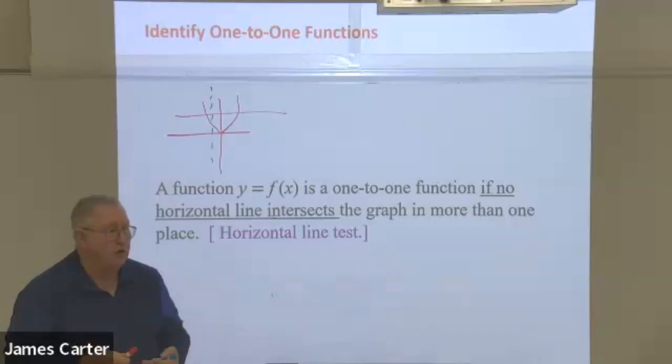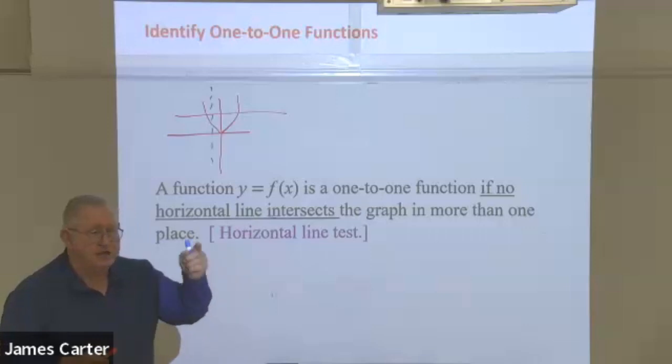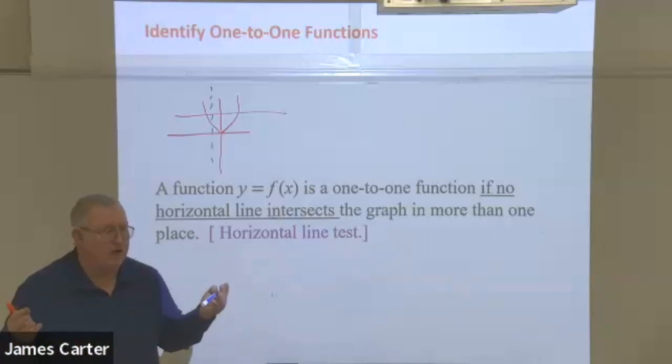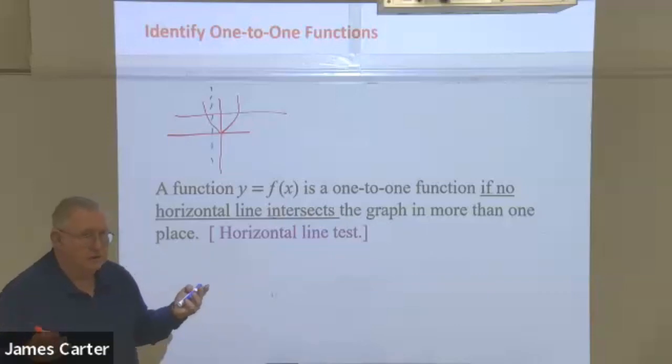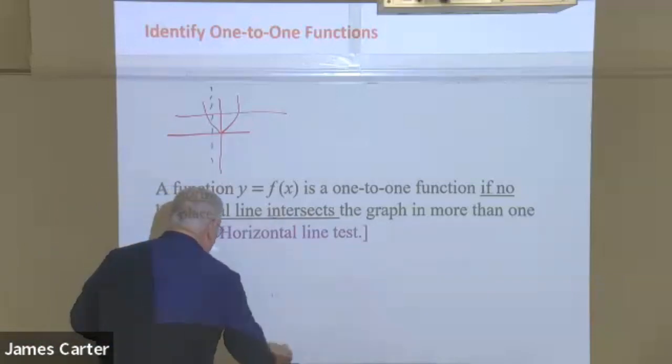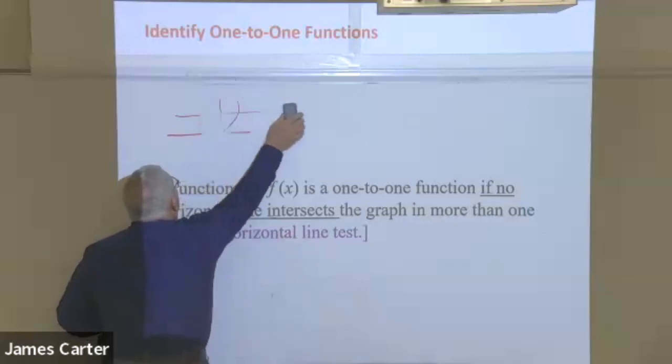With the definition of one-to-one, each x has to have its unique y. A different y. Okay, no two x's can have the same y value, is another way to put that. Okay, and we call that the horizontal line test in this case.